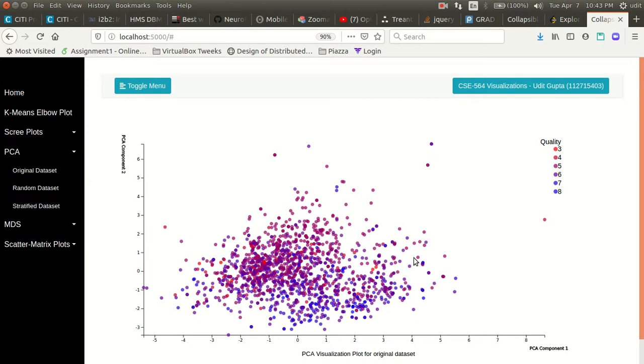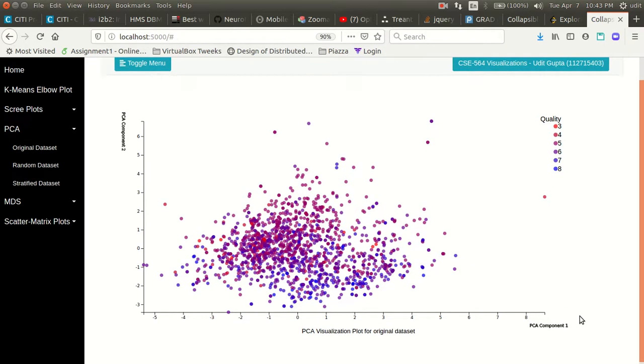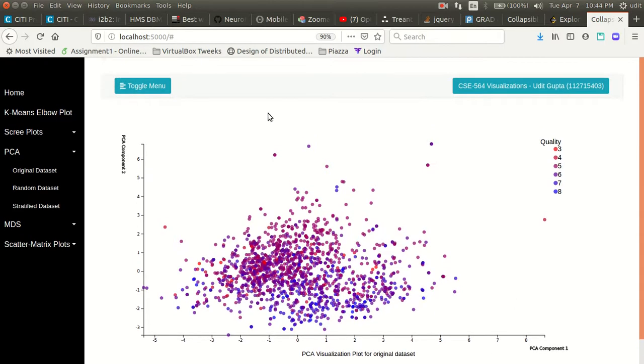As we know, the dataset had about 11 attributes, and visualizing 11 dimensional data is not possible. So we do a dimensionality reduction using PCA, and we try to project that data into 2 dimensions. Here you see the top 2 PCA components that are explaining the maximum variance in the dataset.